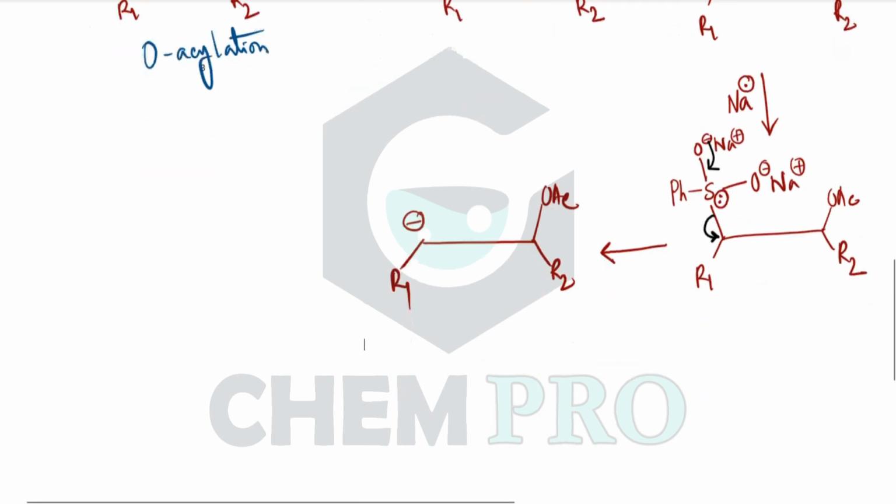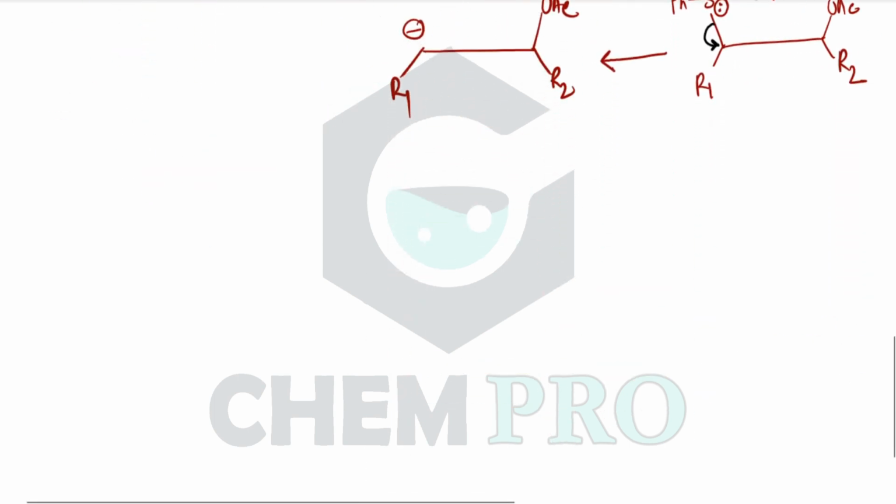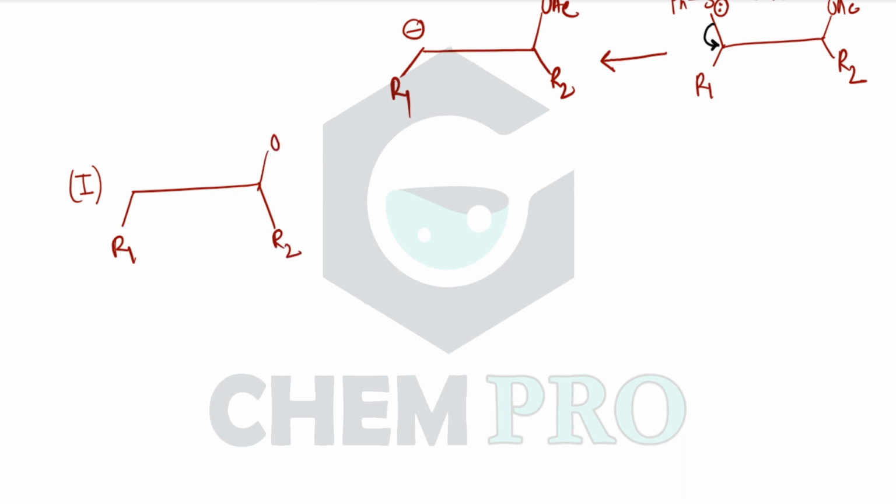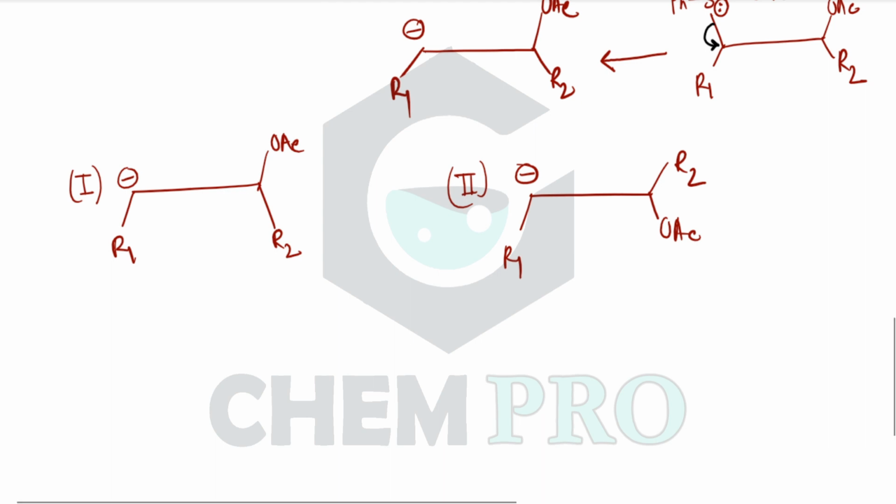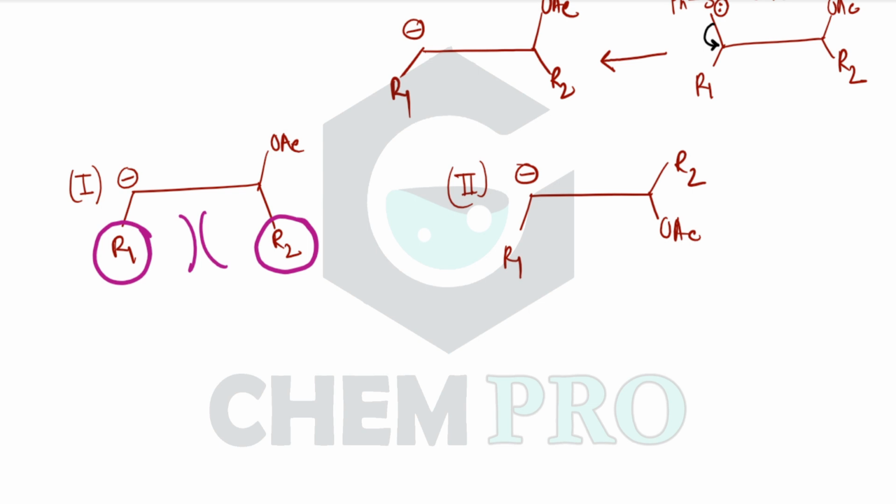Now this anion can form two types of conformers. The first one is where R1 and R2 are syn to each other, and the second one is where R1 and R2 are trans to each other, with OAc and the negative charge. Since R1 and R2 are bulky alkyl groups, they will repel each other, so the first is an unstable anion.